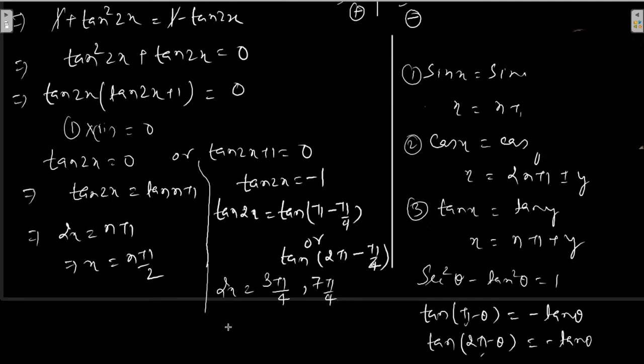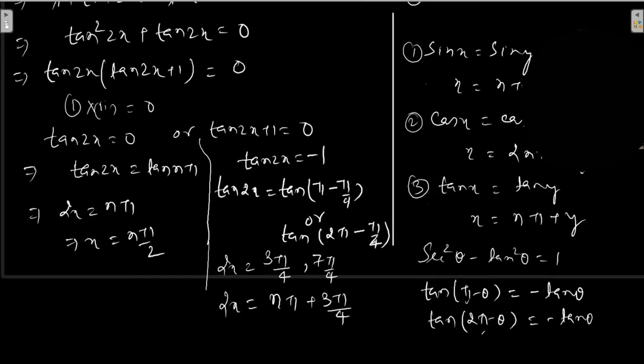So given this, I can write 2x equals to, my general solution will be n pi plus 3 pi by 4, right? Given this, I can write x equals to n pi by 2 plus 3 pi by 8, because 2 will go and divide, so 4 into 2 will be 8.